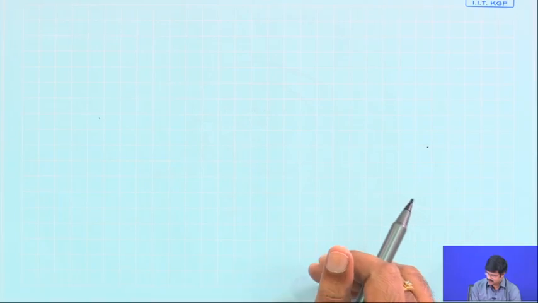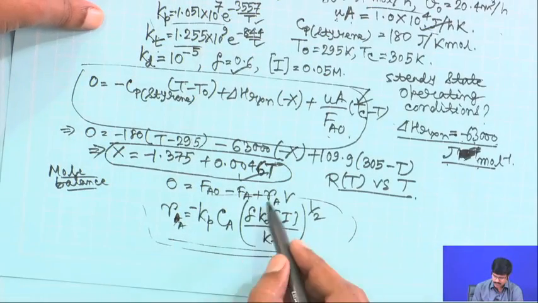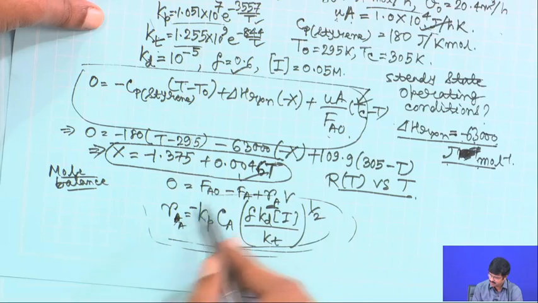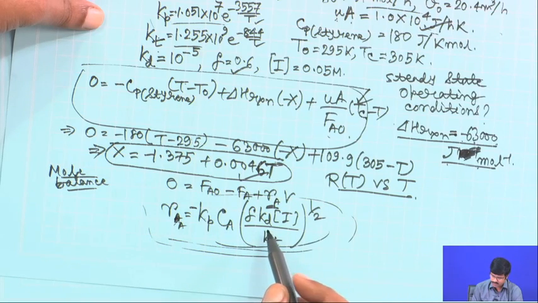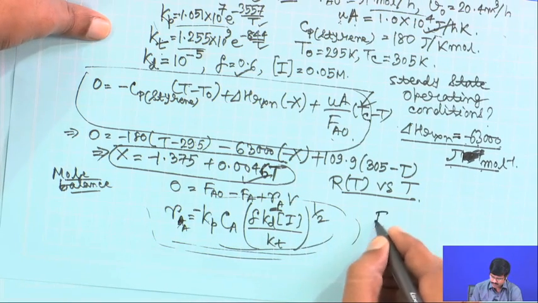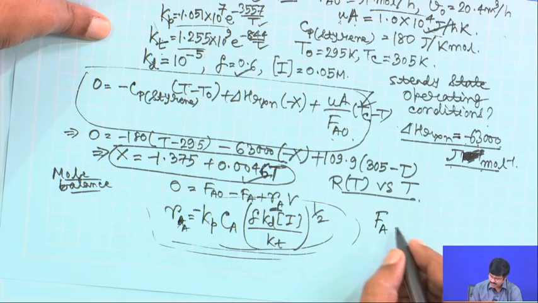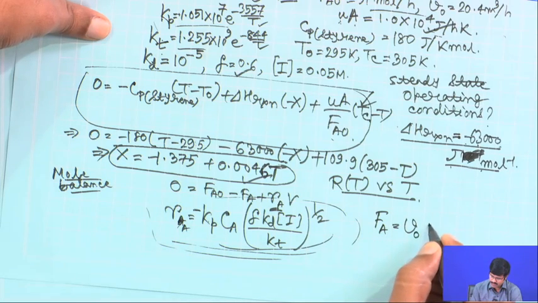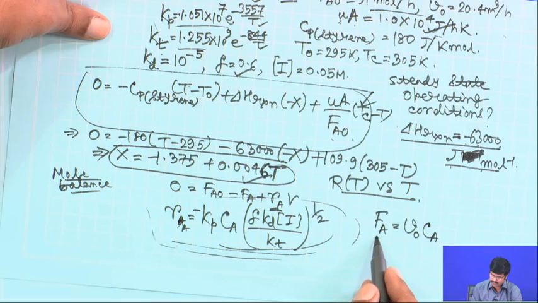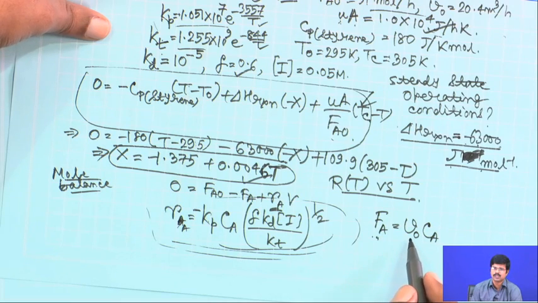If you use this expression, then what do we get? Just replace the R here with this expression, and also remember that Fa is basically V0 into the concentration of A. So, molar flow rate out is equal to volumetric flow rate into concentration of A, the concentration of styrene in the reaction mixture, which is constant because it is operating in steady state.